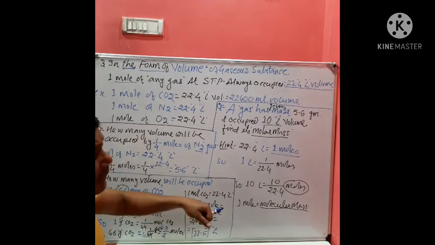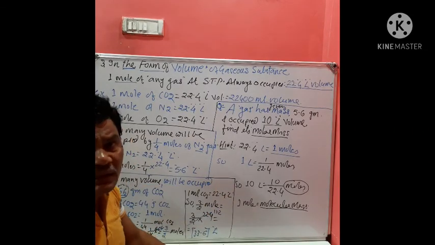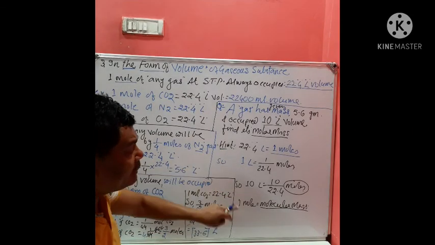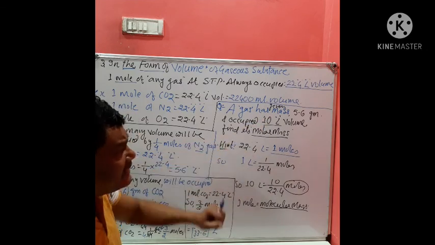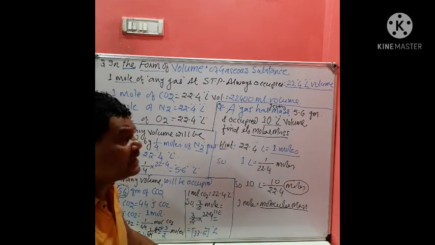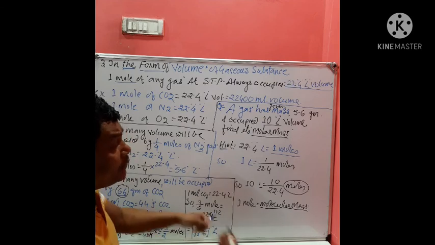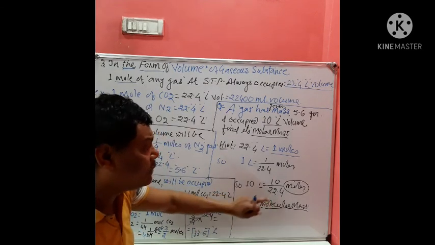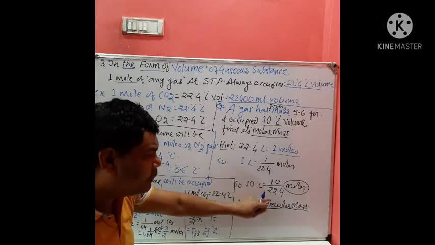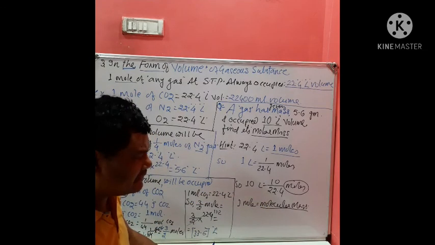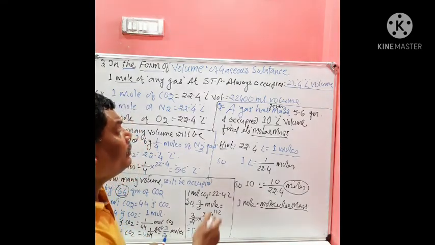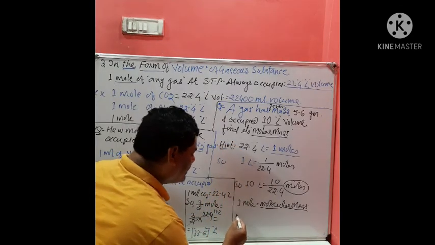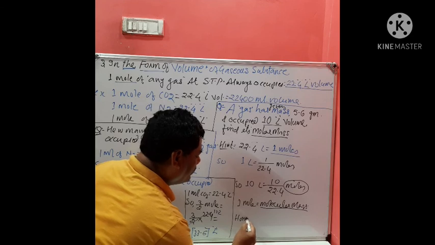Now can you solve the question? The hint is given to you. The 5.6 gram gas, which has volume 10 liter, is to be converted into its molecular mass. This is the moles. This mole is equal to molecular mass. So now try to solve the question.